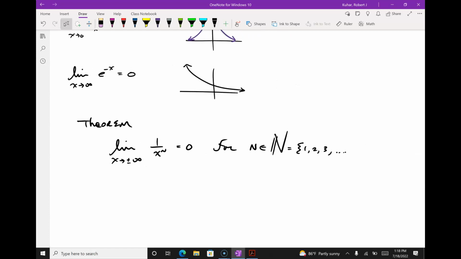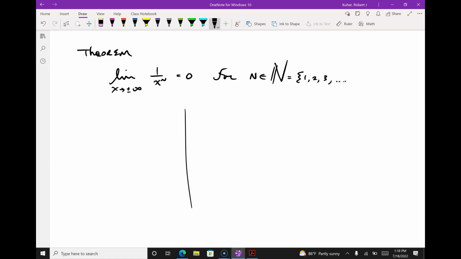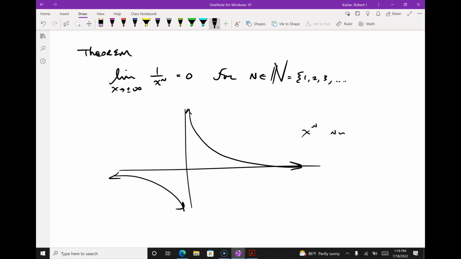Now that theorem I can prove with the delta epsilon, but it really seems silly to have to do it, right? If I look at 1 over x squared, etc., whether x to the n is odd or x to the n is even, it's pretty obvious graphically that it's going to 0.